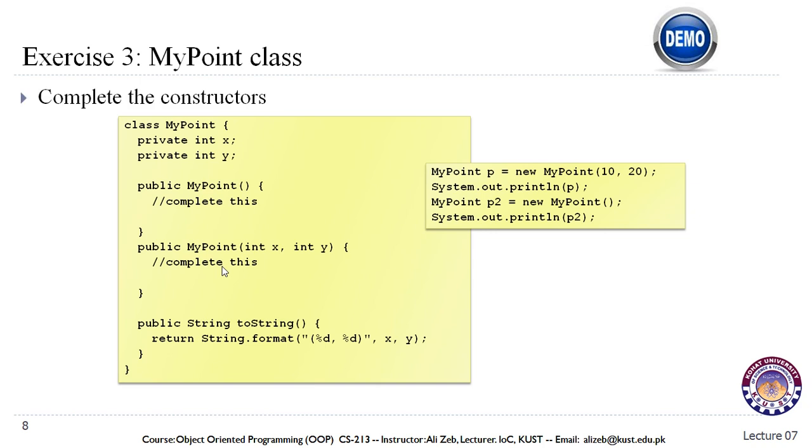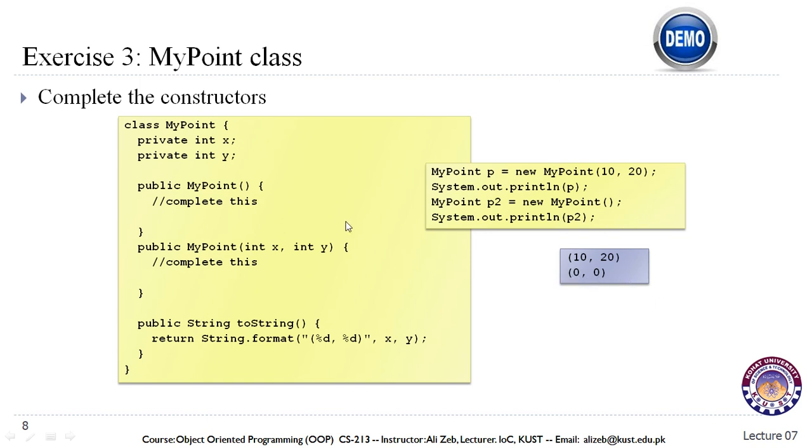So you need to complete the constructors in this exercise example. And this is the output that you should get by printing the two objects. So the first object is getting you 0, 10 and 20, then second object is getting you 0, 0.